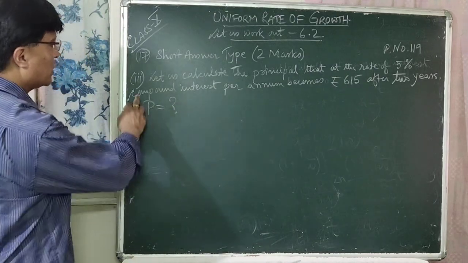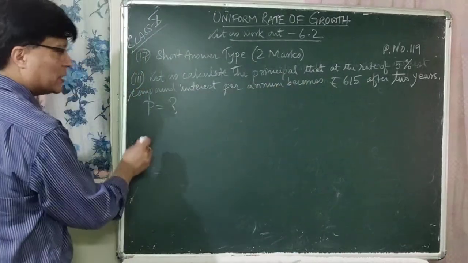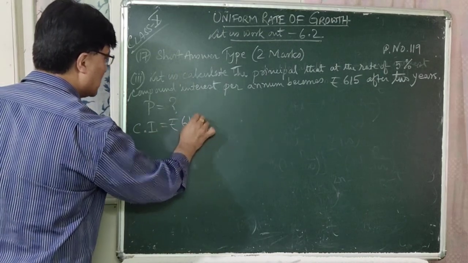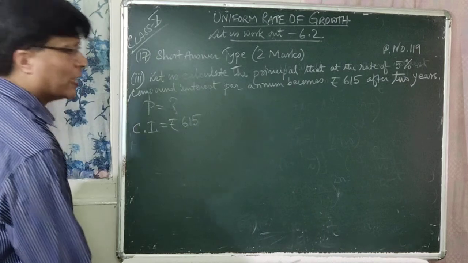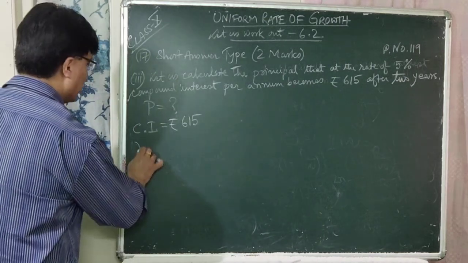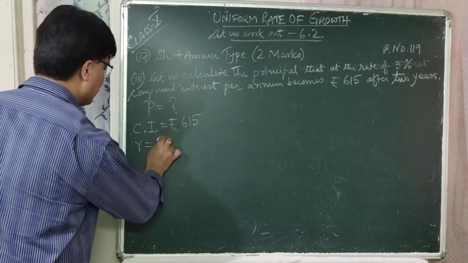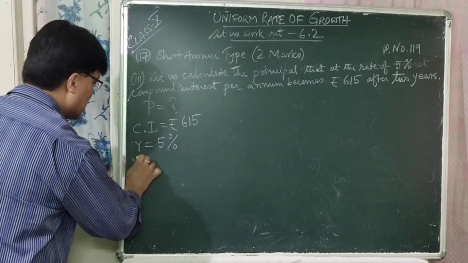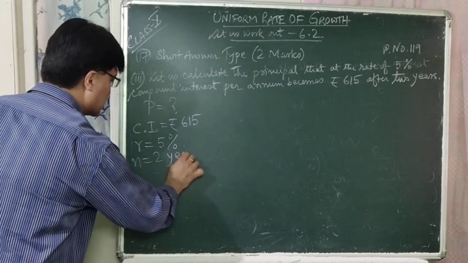The compound interest is rupees 615, that is CI is equal to rupees 615. The rate of interest per annum is 5%. And n is equal to 2 years.